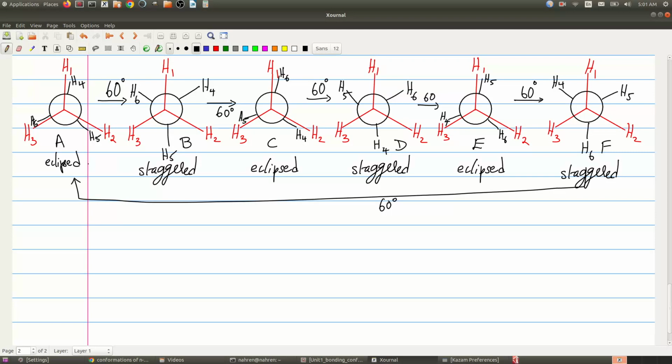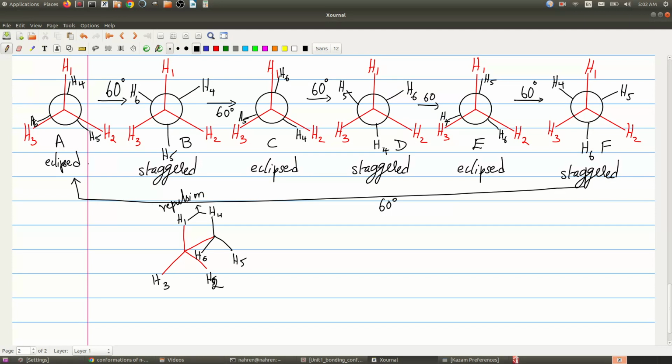In the eclipsed conformation, the hydrogens in the front are exactly overlapping with the hydrogens at the back, and hence there is a small amount of repulsion between the electron clouds of H1 and H4, H2 and H5, H3 and H6, because they are exactly behind one another.